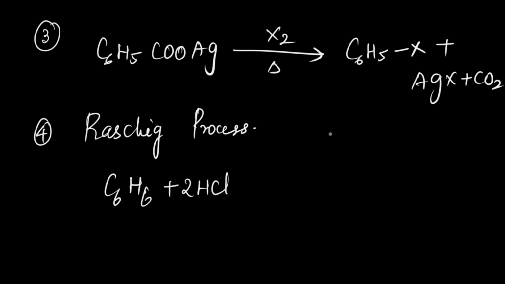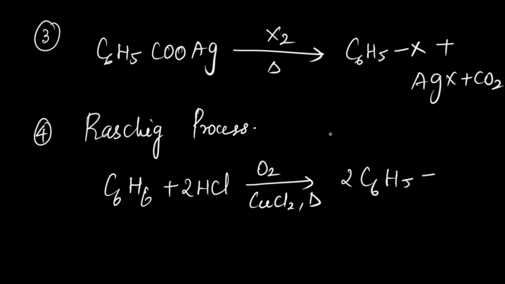I'm treating it with HCl in the presence of oxygen and CuCl2, which gives us 2 moles of chlorobenzene along with H2O. This method is called the industrial preparation of chlorobenzene, which makes the Raschig process super important.